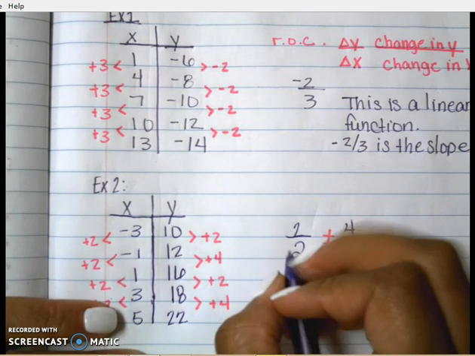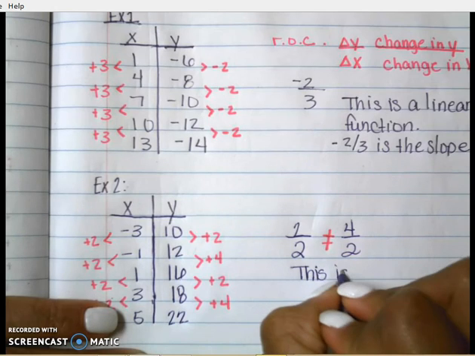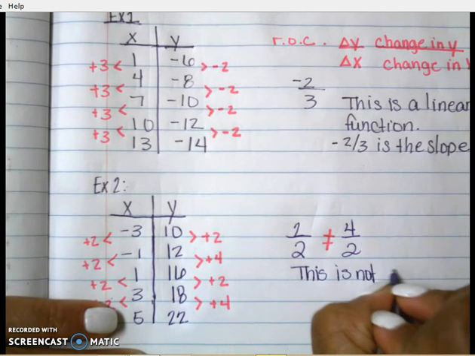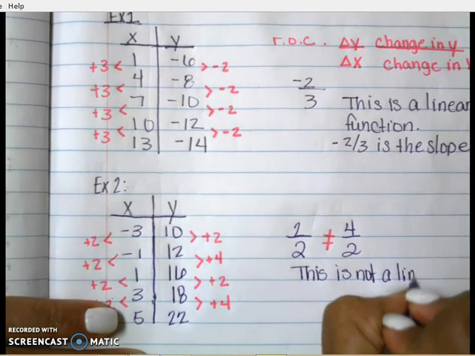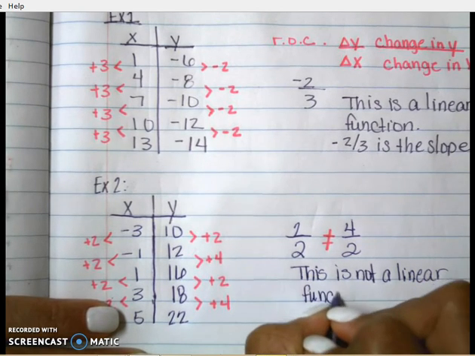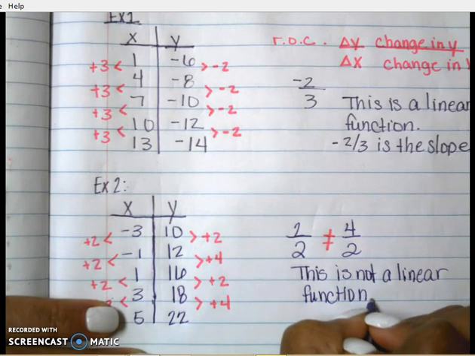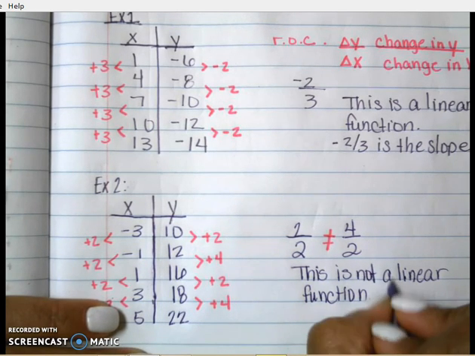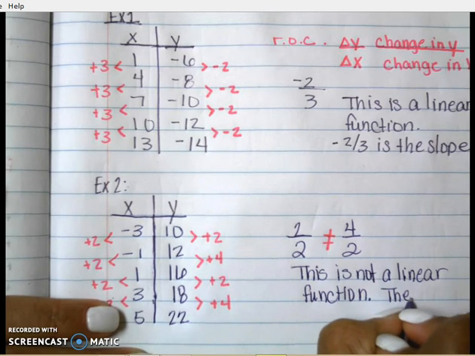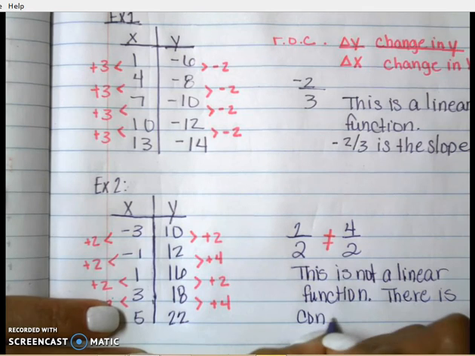Therefore, this is not a linear function. And there is no constant rate of change.